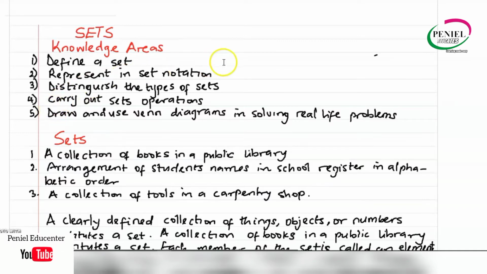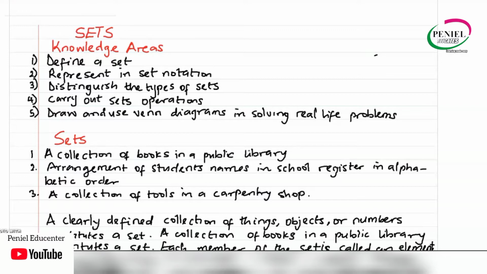So what are sets? A set can be defined as a collection of objects according to a well-defined common element or property. Say, for example, we are talking about a football club.